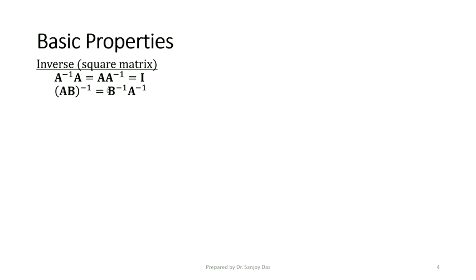AB inverse equals B inverse A inverse. Don't ever write AB inverse equals A inverse B inverse. No. AB inverse will be B inverse A inverse. And it's the same thing for transposition, by the way. So AB transposed, when you swap the rows and columns, if you remove this parenthesis, you should get B transpose A transpose.